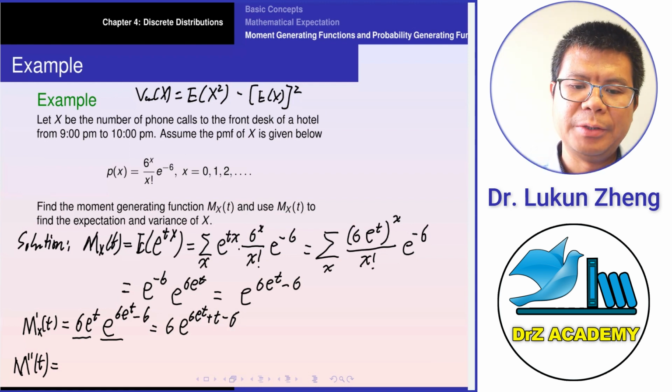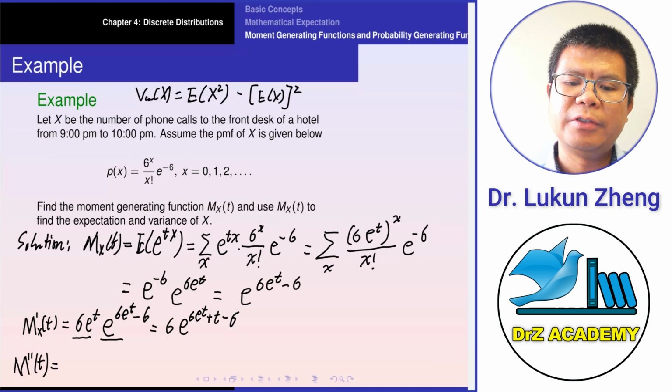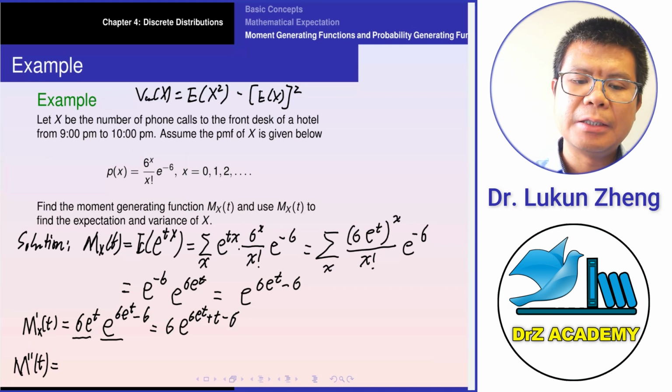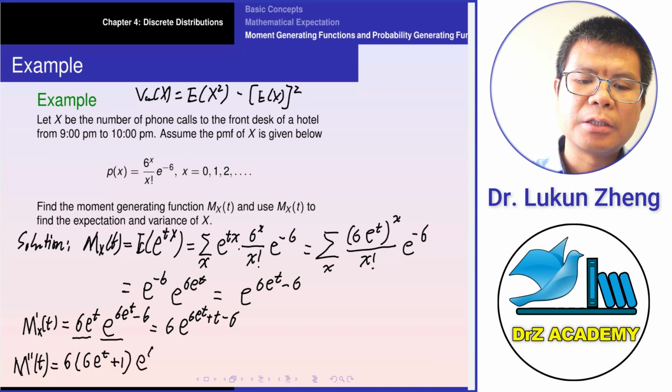The derivative on top is 6 times the parenthesis 6 e to the power t plus 1, times e to the power 6 e to the power t plus t minus 6.